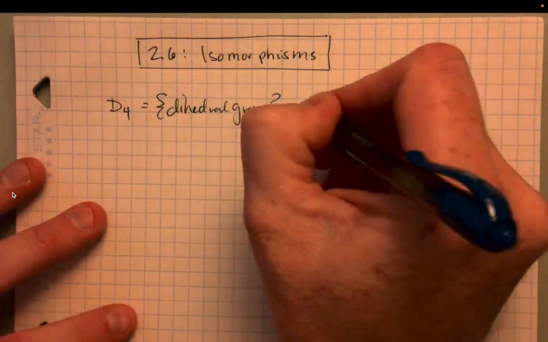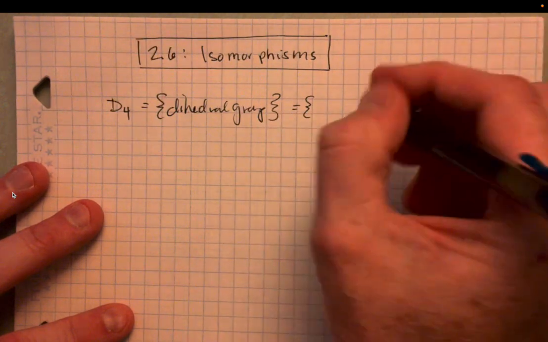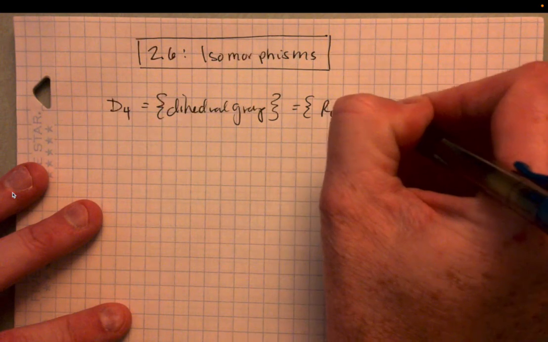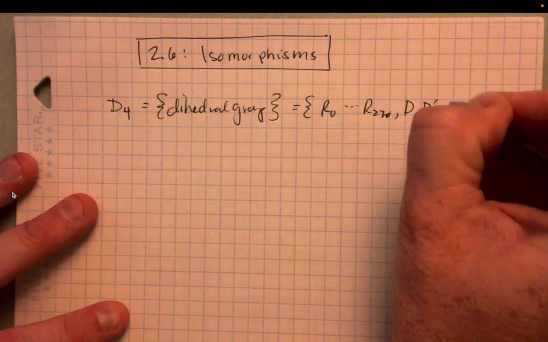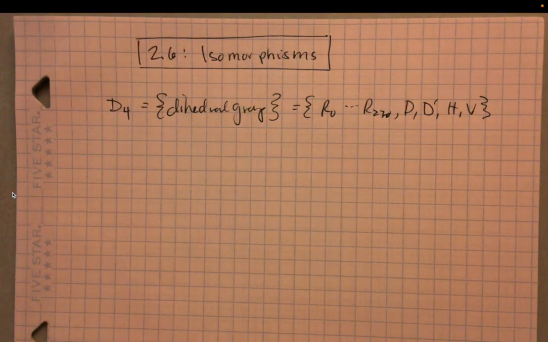It's rotations and flips of a square essentially. So we saw R0 through R270, and then we saw the diagonal flip, the off diagonal flip, the horizontal flip, and the vertical flip. So this was D4.